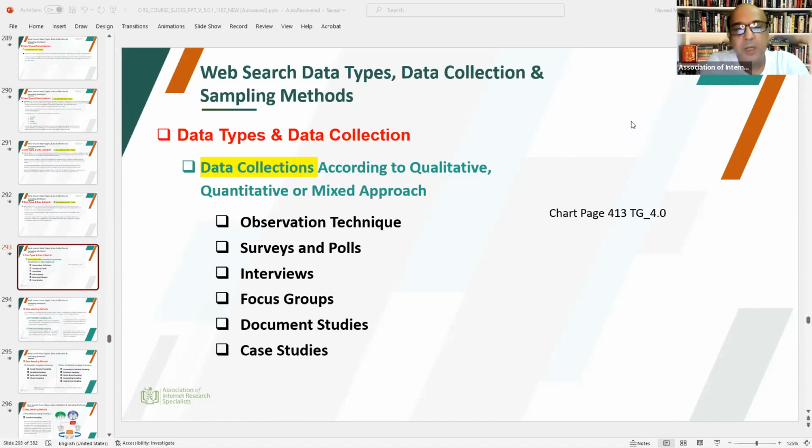But in interviews, it is not only interactive, but you can ask personal questions. You can ask leading questions. You can actually derive some value based on the additional information that is extracted from the subject of the interview. Usually interviews are one to one, but it could be one to few or one to many, or there could be more than a few experts involved.